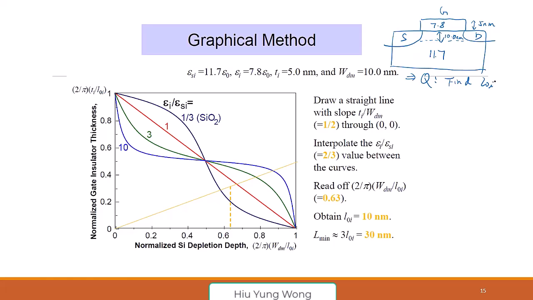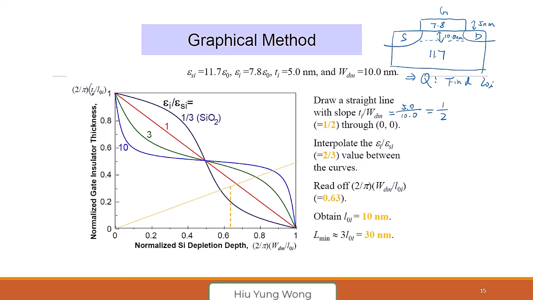Okay, how do you find the scaling length? Now, I know that, first of all, it will be on one of these curves. Okay, and also I know already what is T-ox divided by WD. 5.0 divided by 10.0 equals 1/2, right?